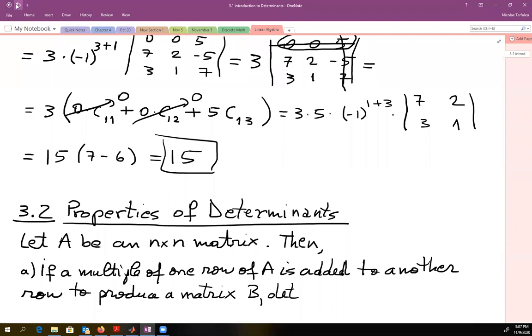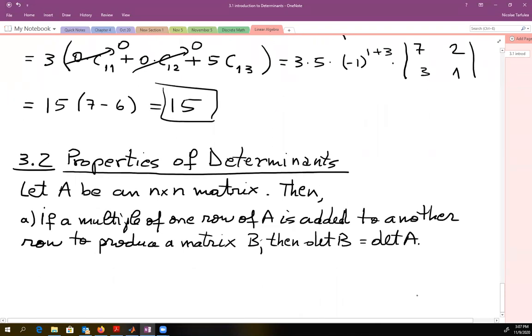The determinants of A and B are equal. I'm going to exemplify this, and actually we can convince ourselves about that.